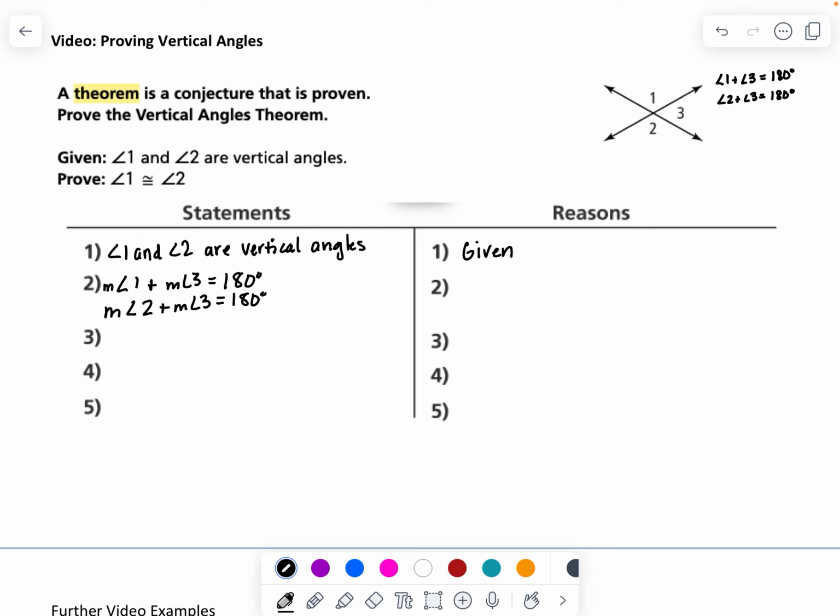Okay. Now, what's our reason here? Let's see. That's because they're a linear pair.